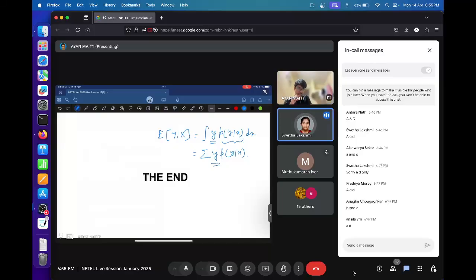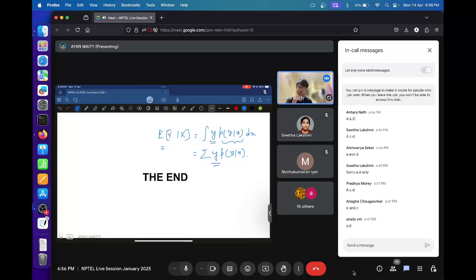When we make an assumption that the expectation of y given x is linear, what does it imply? Expectation of y given x is linear.